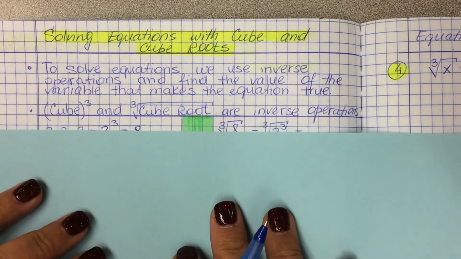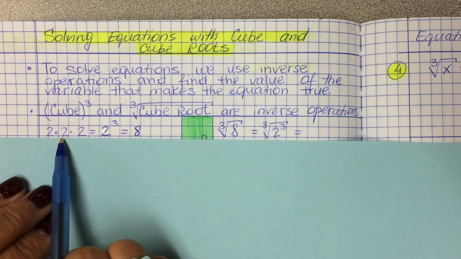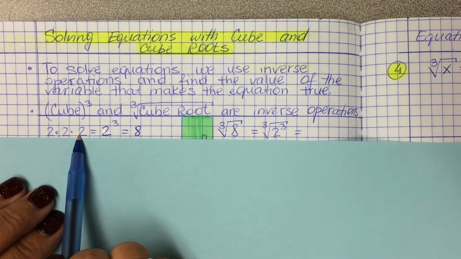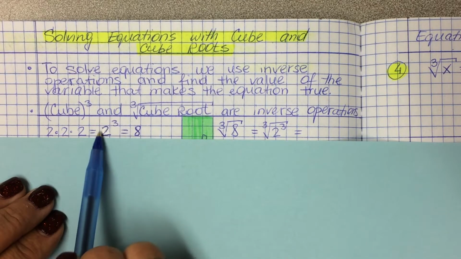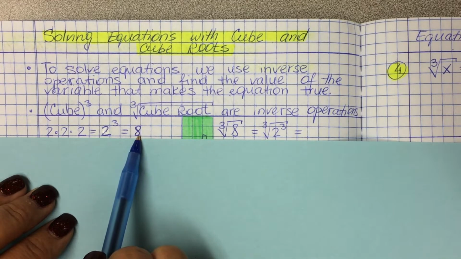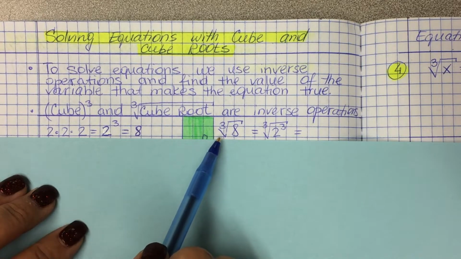So for example, knowing that the cube means multiplying the number by itself 3 times, 2 times 2 times 2 is 2 to the third power, which is 2 cubed. The value is 8. The inverse operation will be the cube root.